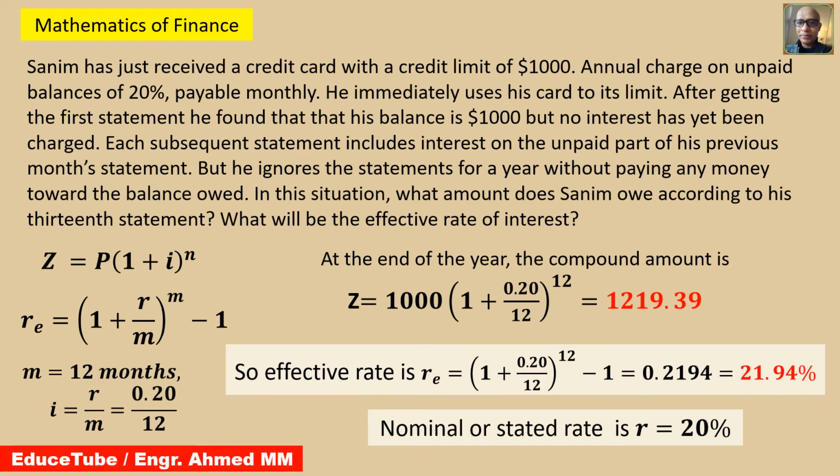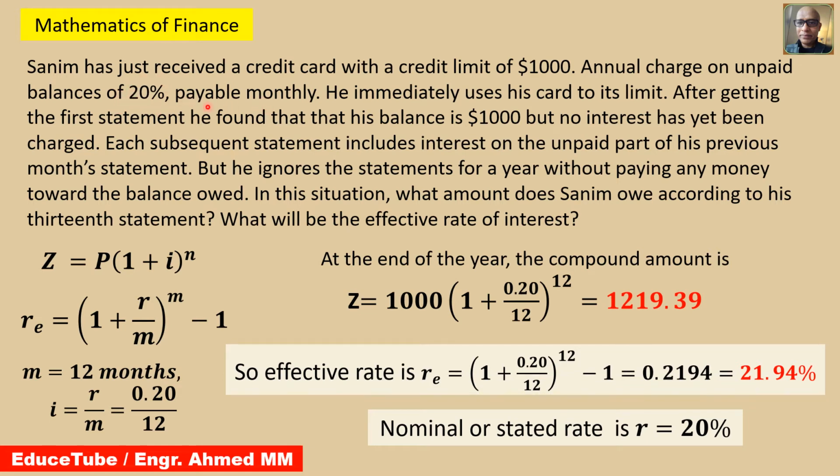Here I have taken one example to understand the effective rate of interest. The question says Sanim got a credit card with a limit of $1,000, and the annual interest charge on his balance will be 20%.